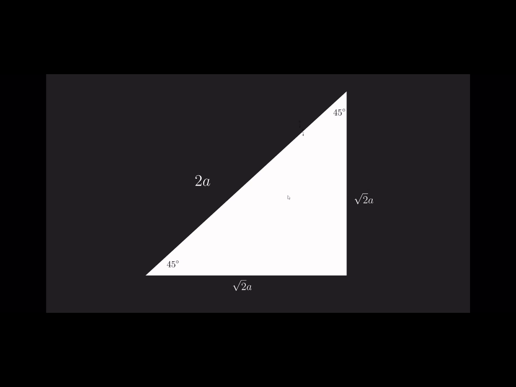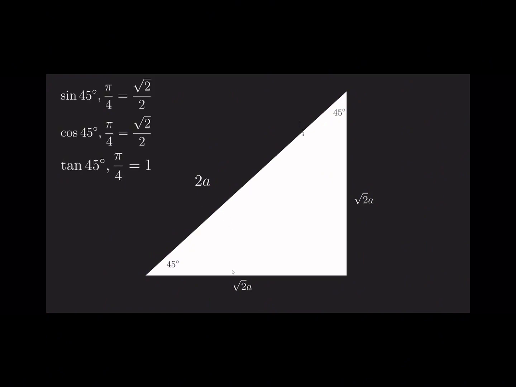To take advantage of this, we use the special right triangles. So this is the 45, 45, 90 triangle. We can see that the legs are proportional to root 2 and the hypotenuse is proportional to 2, assuming the angles are like this. We need the hypotenuse to be 1, so that a needs to be 1/2.